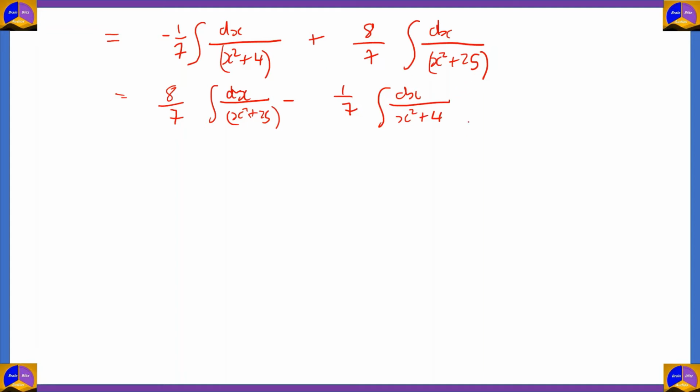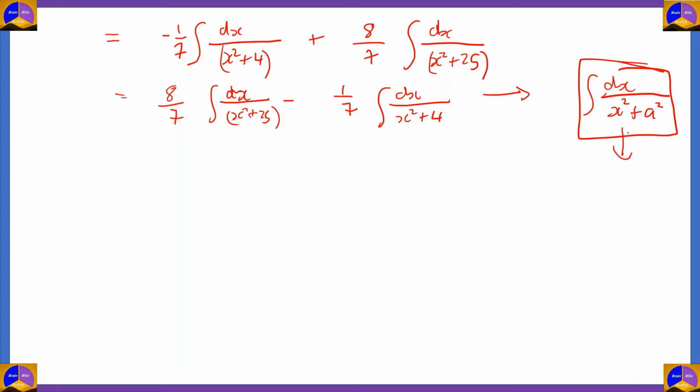Now, how do we solve this further? If you notice both integrals, you are getting the integrals in the form of integral dx divided by x squared plus a squared. And what is the integral when you have such a combination on the left-hand side?